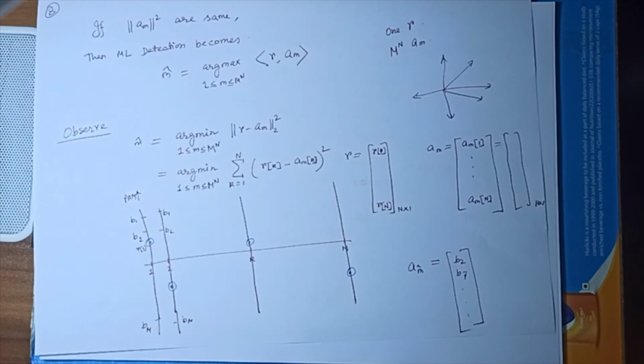What is the condition? The condition is definitely that every source symbol is independent, equiprobable, and the noise is, of course, you have the KL expansion and all. So this particular observation gives us a really nice point of view. So with this I am concluding this detector design.